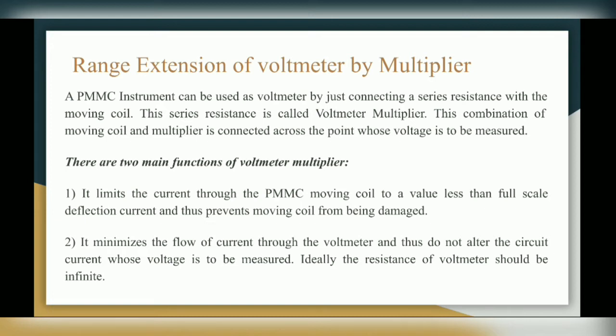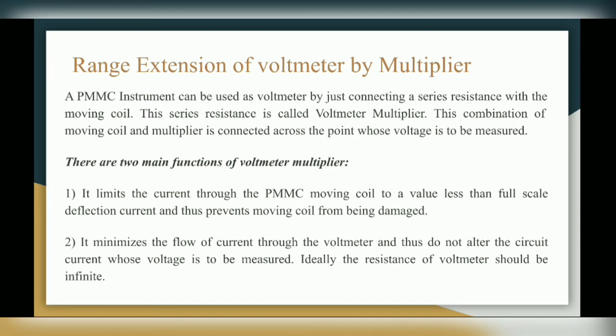There are two main functions of voltmeter multiplier. First, it limits the current through the PMMC moving coil to a value less than full scale deflection current and thus prevents the moving coil from being damaged. Second, it minimizes the flow of current through the voltmeter and thus does not alter the circuit current whose voltage is to be measured.